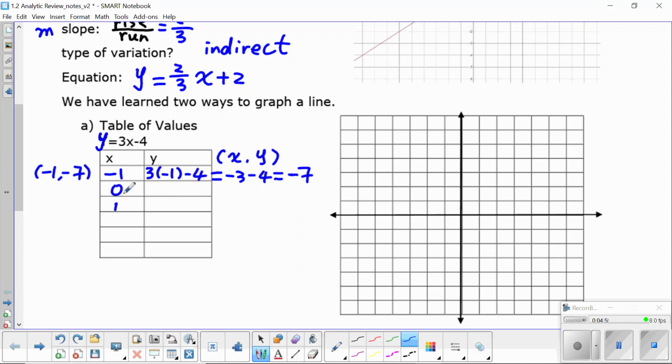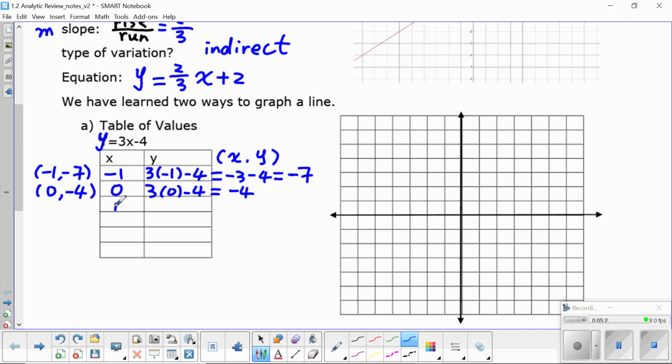The next one, we substitute 0 into the equation: 3 times 0 minus 4. 3 times 0 gives 0, minus 4, the answer is negative 4. So the second point is (0, -4).